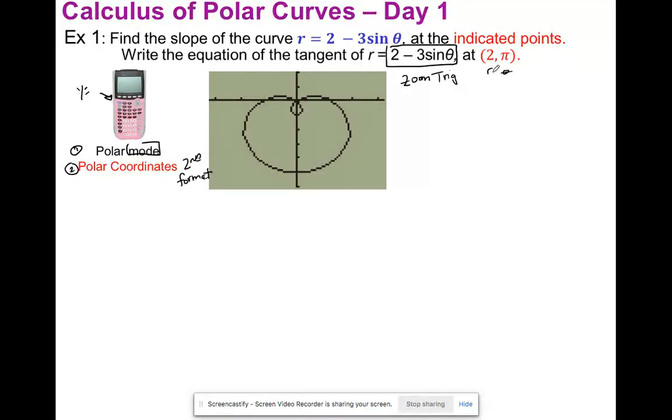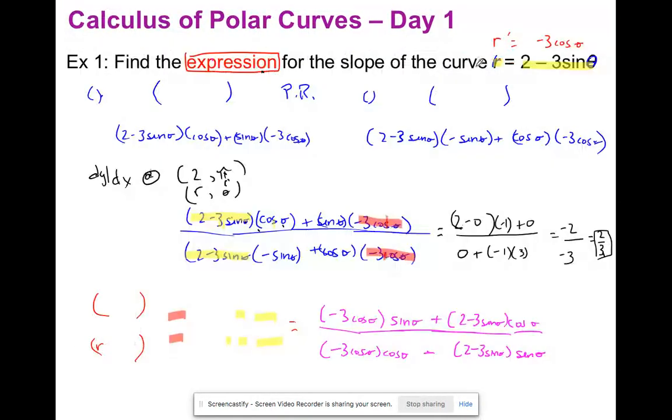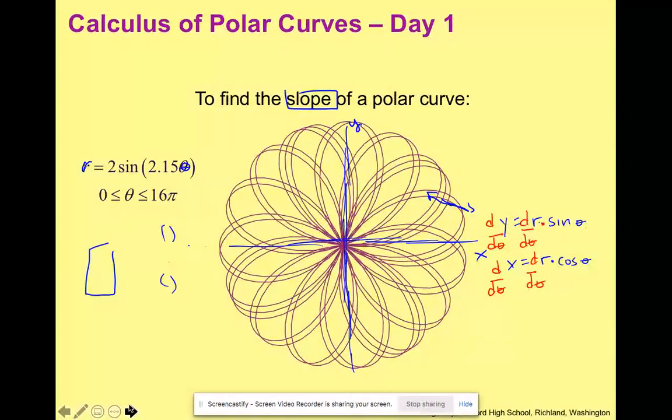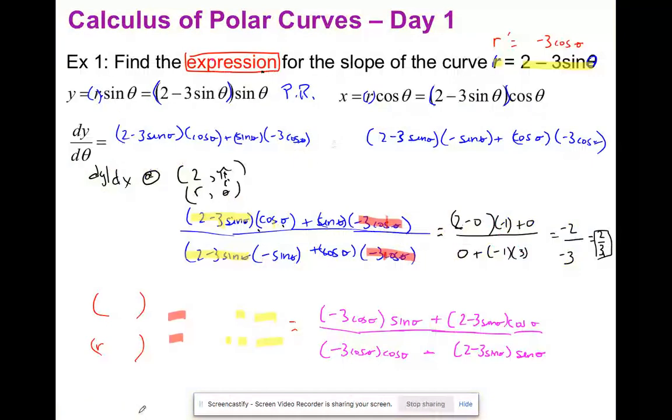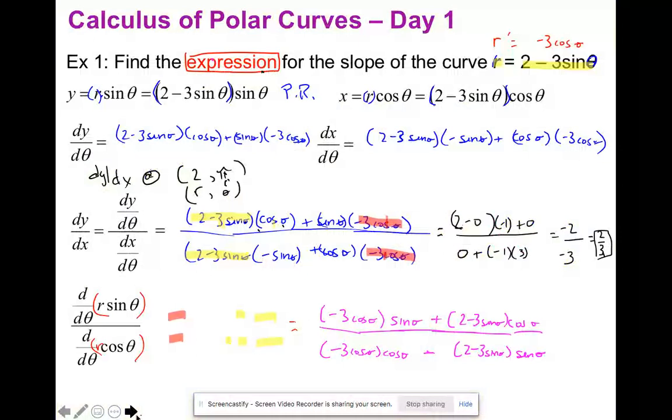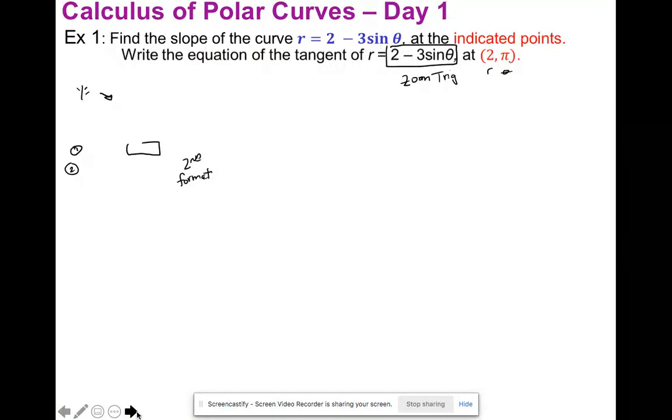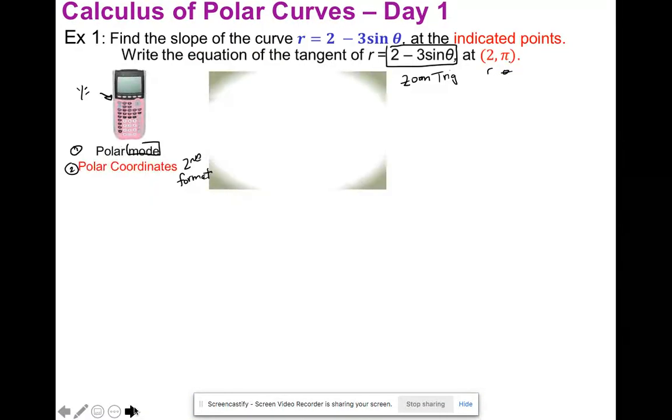Unlike rectangular coordinates, where you input the x and get the y, for polars, you input the theta and it will give you r. So you hit trace and then second pi, and you'll see the point that we care about.